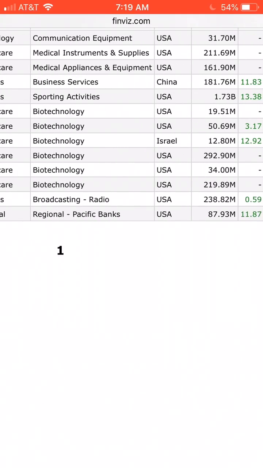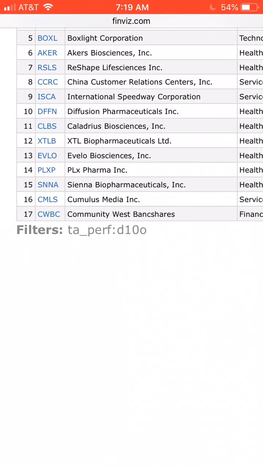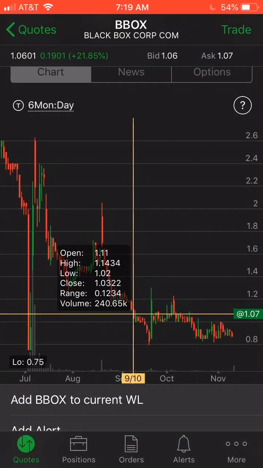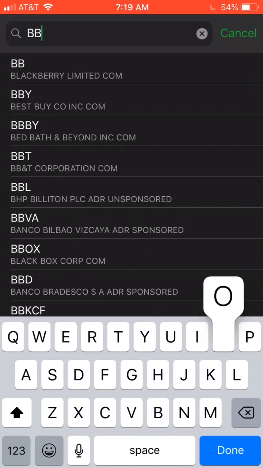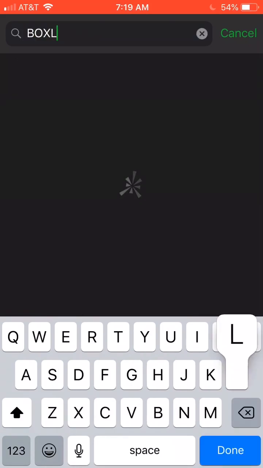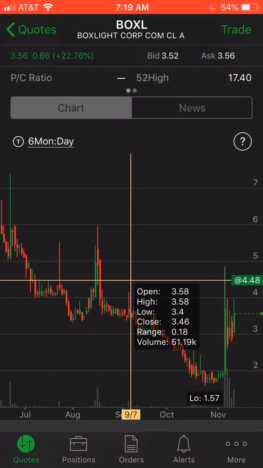So now let's look. So BOXL. Let's see the chart. I'm pretty familiar with this stock. So this is the 6-month 1-day chart.